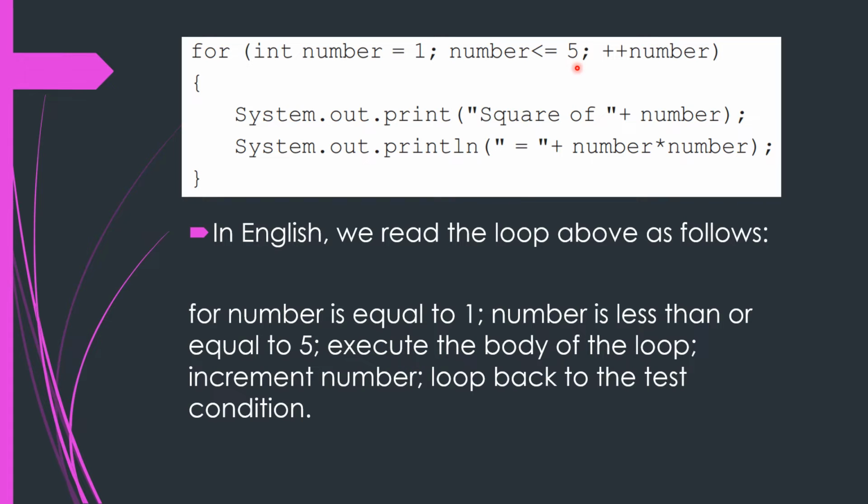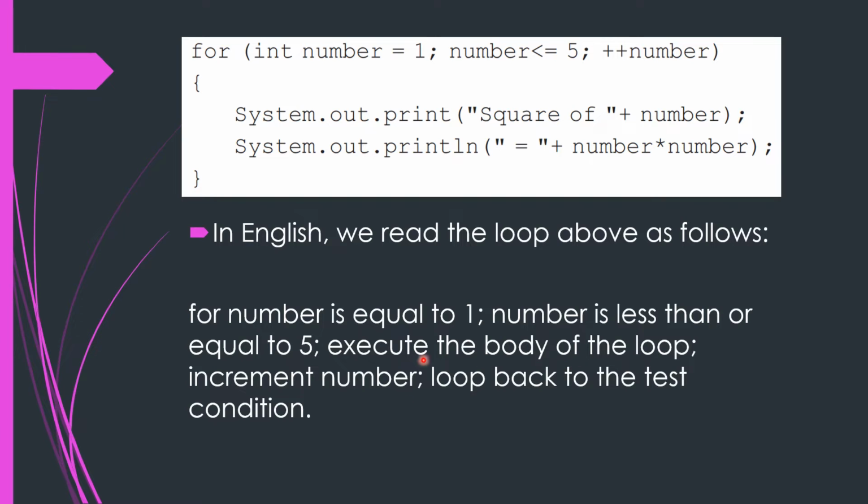After the semicolon, there is the change counter step, which changes the value of the counter. Here the counter is number, so the number's value will be changed. That is why we have used plus plus number. So what will it do? Execute the body of the loop, increment number, loop back to the test condition.